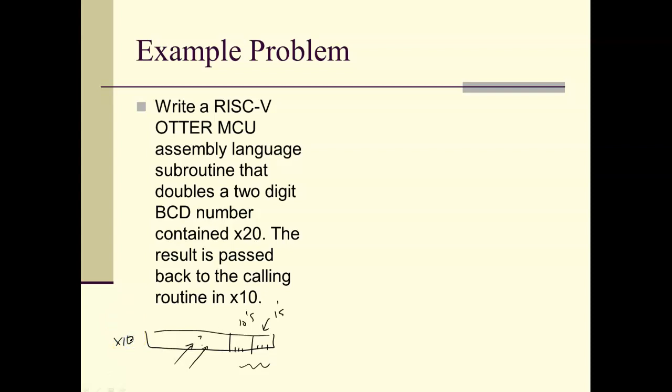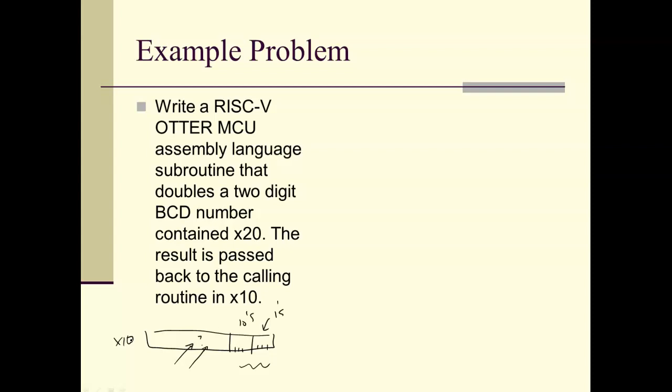So for this problem, what we want to do is grind through it and double this thing. It's a very simple algorithm, and it's actually simple; it's harder to implement. It's just a pain in the butt. I am essentially going to double the rightmost digit, which is the ones digit, then look at it.